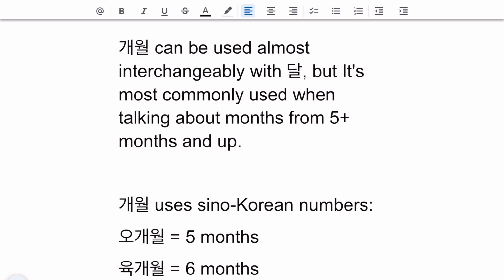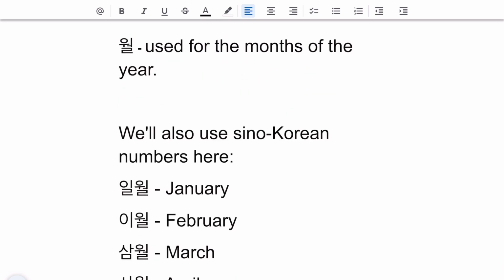So 개월 comes together to be another counter word for an amount of months. And then lastly, 월 is used for the months of the year. So quite different. You're not going to use that to say months, like 1 month, 2 months, 3 months, 6 months. You're not going to use 월 for that at all, because then you'd just be saying the months of the year by accident, which is not what we want.